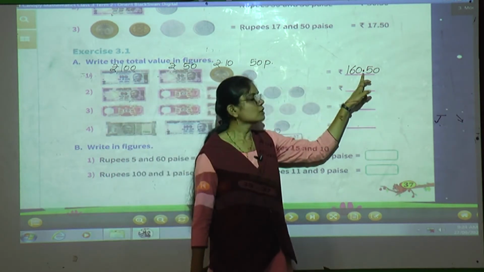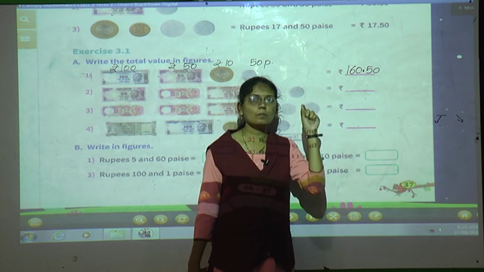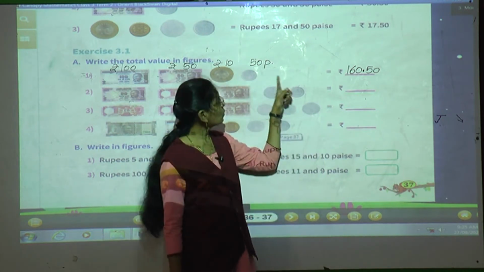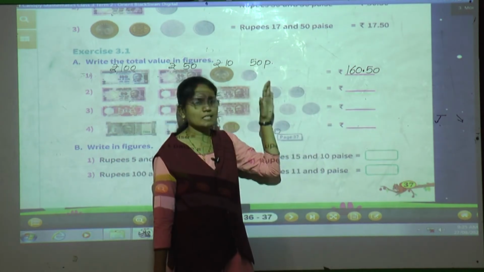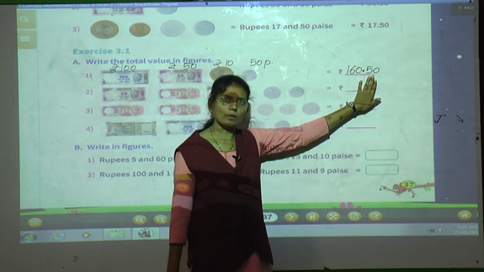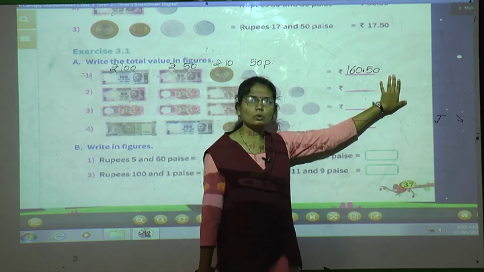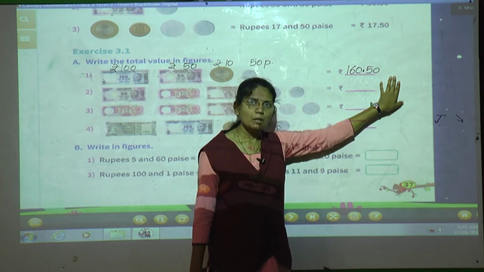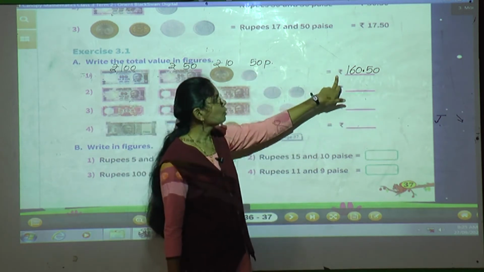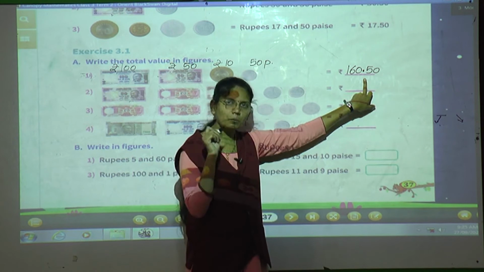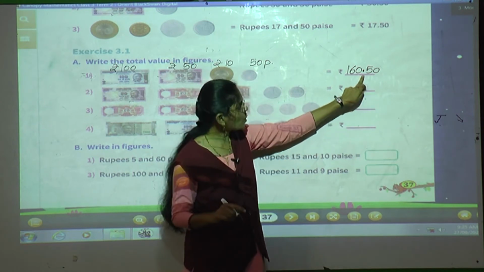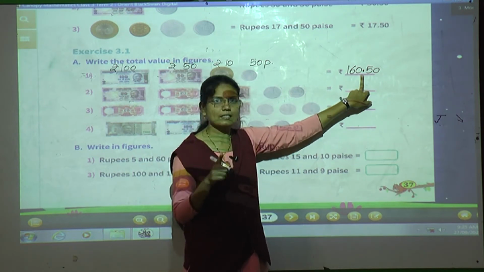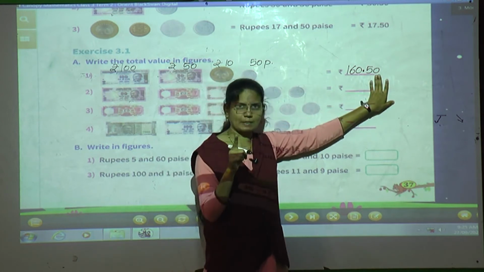So here you have to give dot or point, and after that you have to write whatever paise is there, and no need to write the symbol for paise. Only you have to write rupees 160.50. This point or dot tells us that this is the paise.